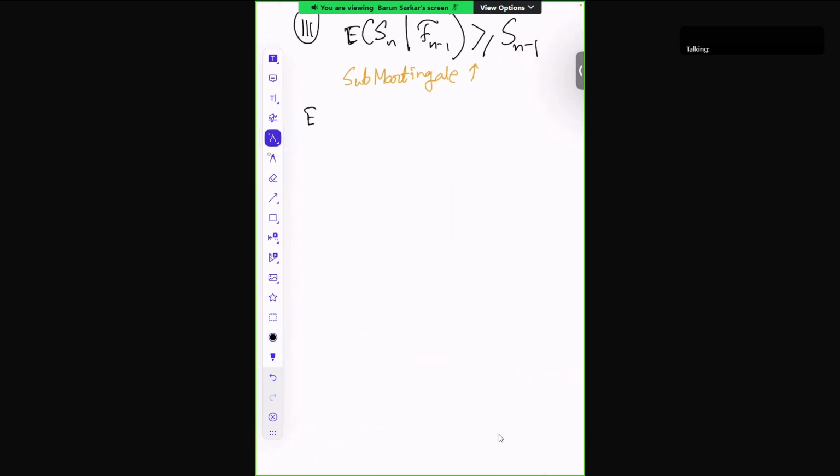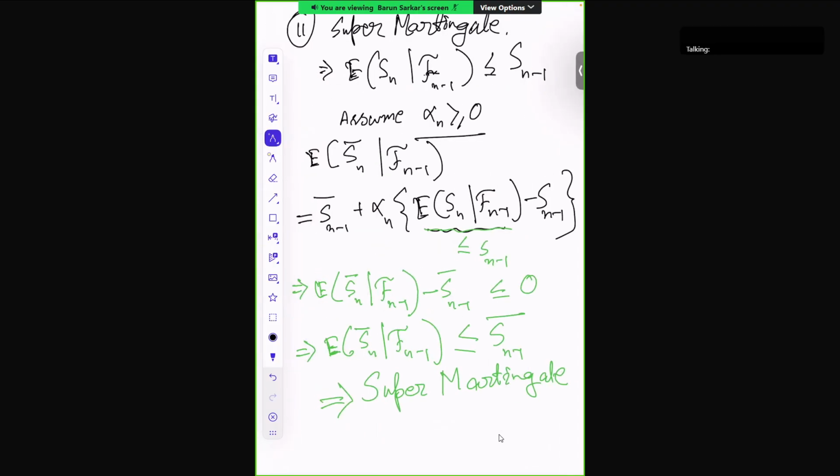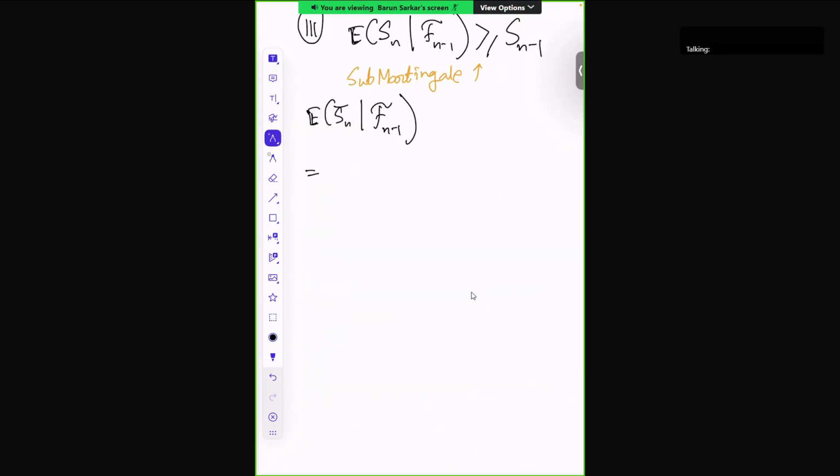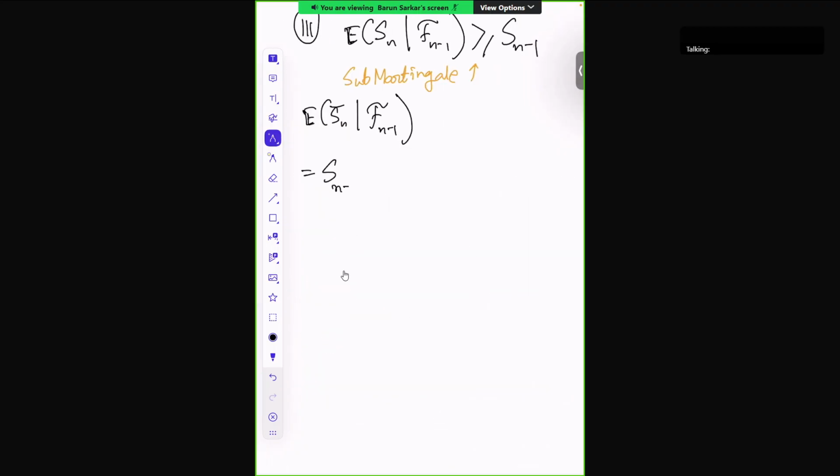You have the expectation of Sn bar given Fn minus 1 equal to Sn minus 1 bar plus alpha n, right? Times the expectation of Sn given Fn minus 1, minus Sn minus 1.